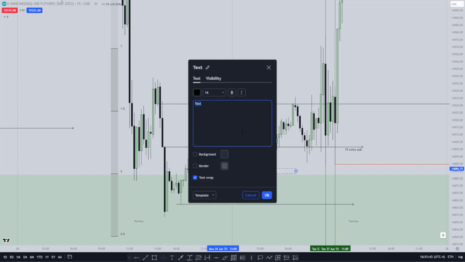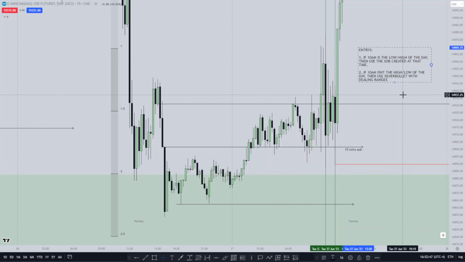Yes, it's going to be 2 entries. 1, if 10 a.m. is the low or high of the day, then use the SOB created at that time. 2, if 10 a.m. isn't the high or low of the day, then use silver bullets or dealing ranges. These are the two entries.